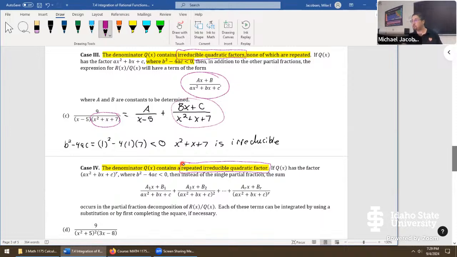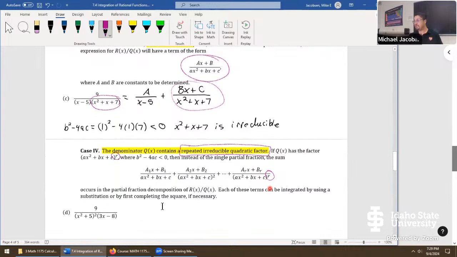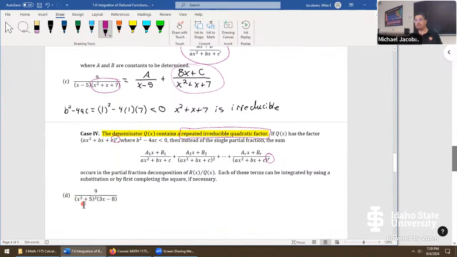If the repeated irreducible quadratic factor has power r, then you start out at power 1, bump it to power 2, and so on, until you get to the rth power. So we handle case 4 just like you handle case 2. Only difference is you're throwing in 2 terms in the numerator with a degree 1. So that's what's going on with this one.